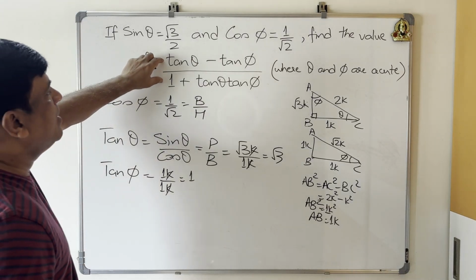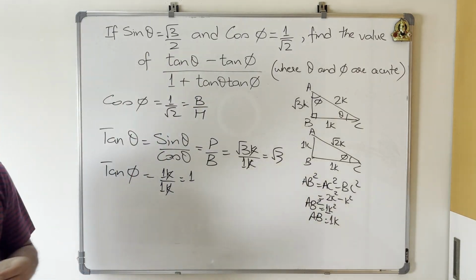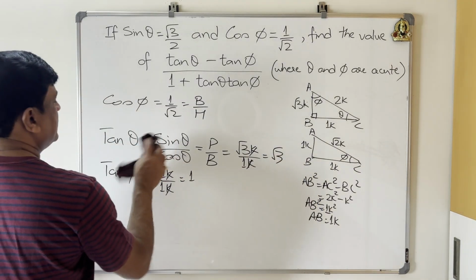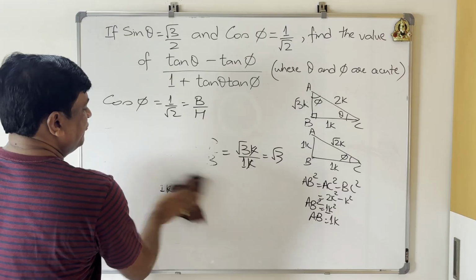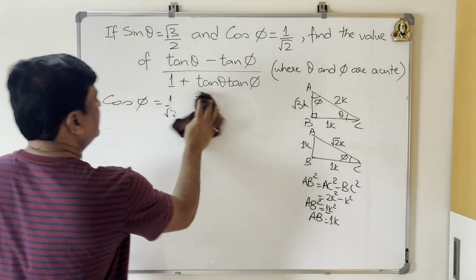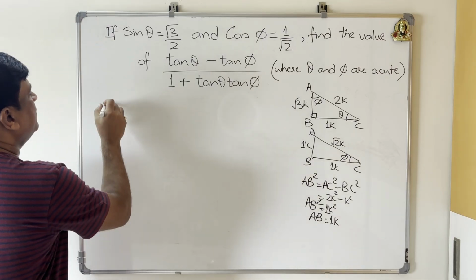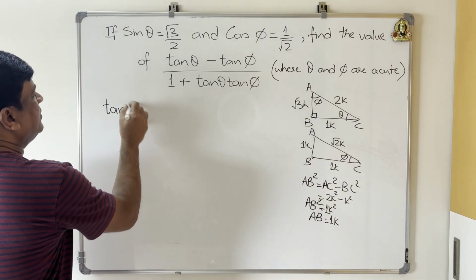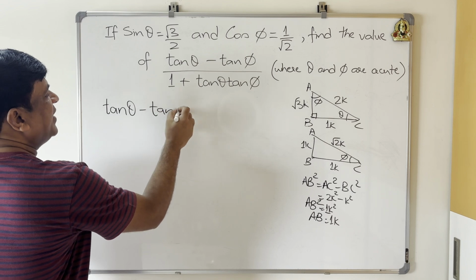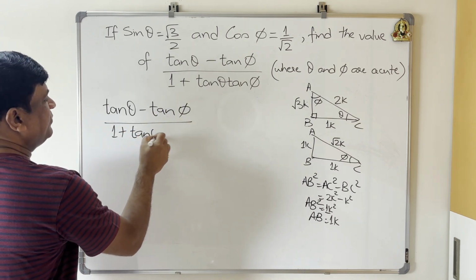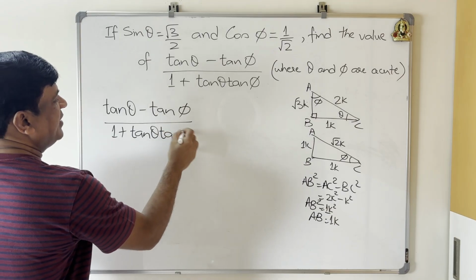Go ahead and plug those values over here. Let's do that. So tan theta is root 3 and tan phi is 1. So tan theta minus tan phi divided by 1 plus tan theta times tan phi. Put the values.